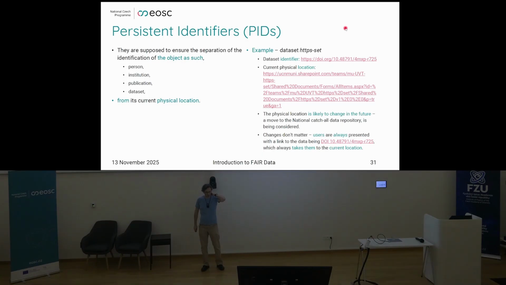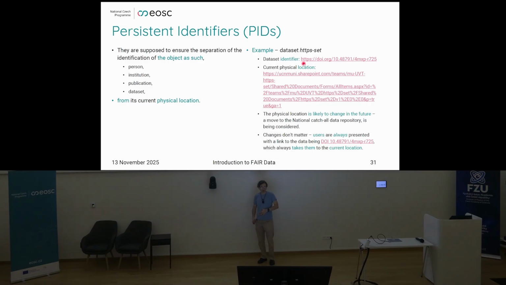That's not most important, but the thing is that when they produced it, it was large. Large means 200 gigabytes. So it was too big to be uploaded to Zenodo, but they wanted to cite it in a paper they were publishing. So we decided to assign a DOI to the dataset, and that's the DOI.